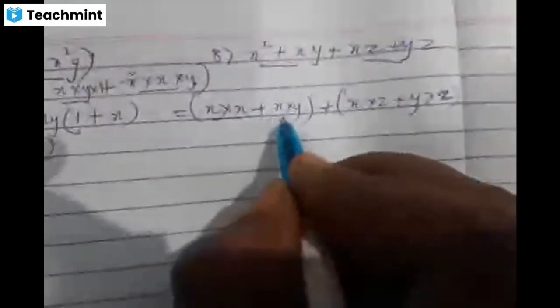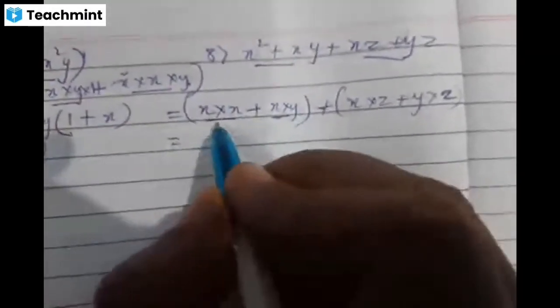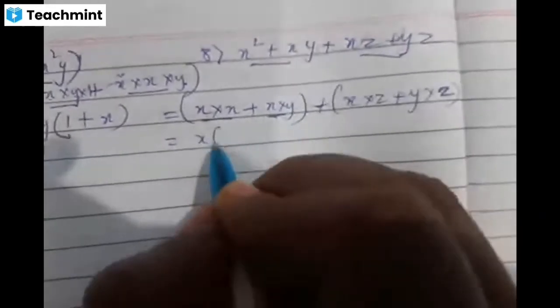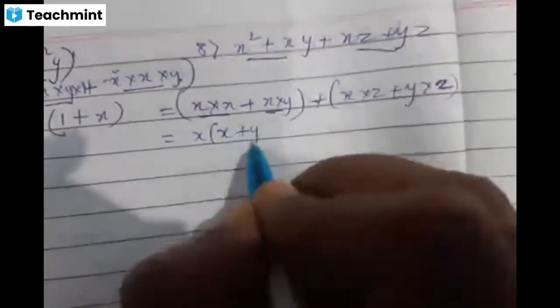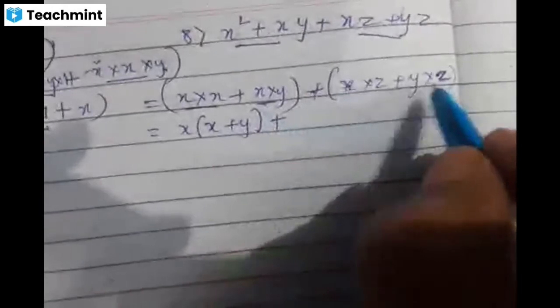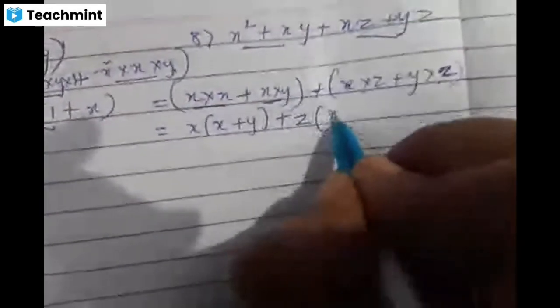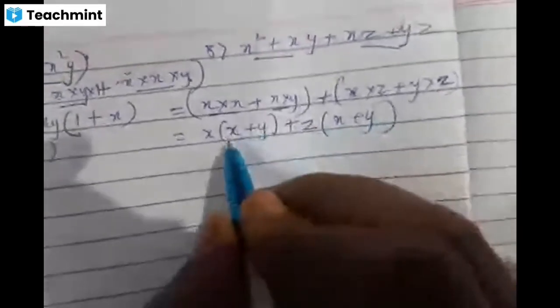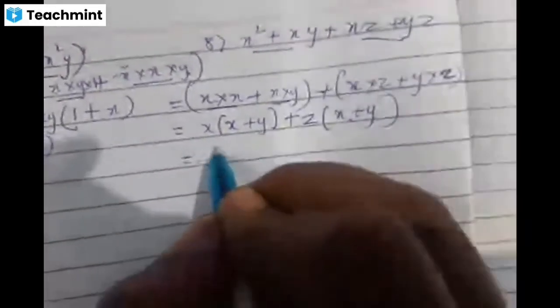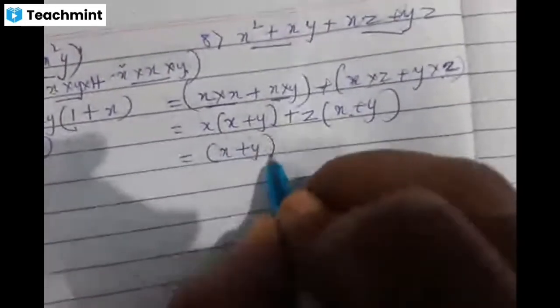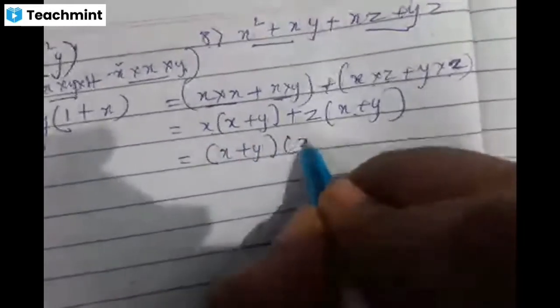Now, taking out the common factor in both, x is common, x plus y plus. In these two, what is common? You can see z and z is common. So z I take it outside, x plus y. Now you will have the one binomial which is common, x plus y. X is left here plus z is left here.